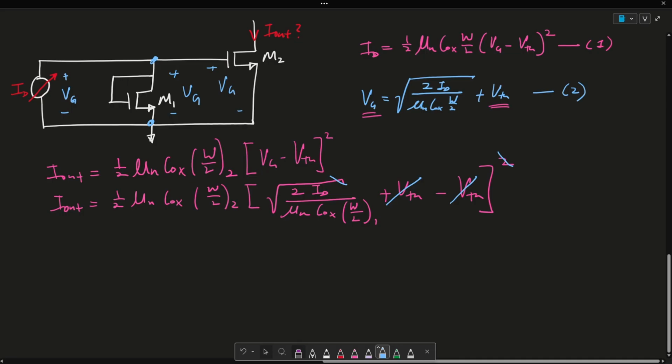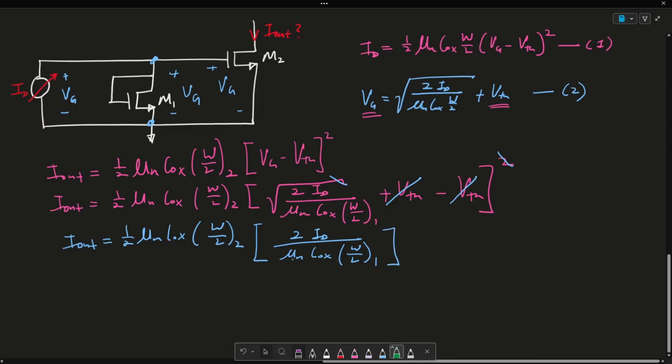So let me write a nice clean equation. Then you can say that I out is equated to 1/2 mu n COX W over L of the second transistor times 2ID over mu n COX W over L of the first transistor.